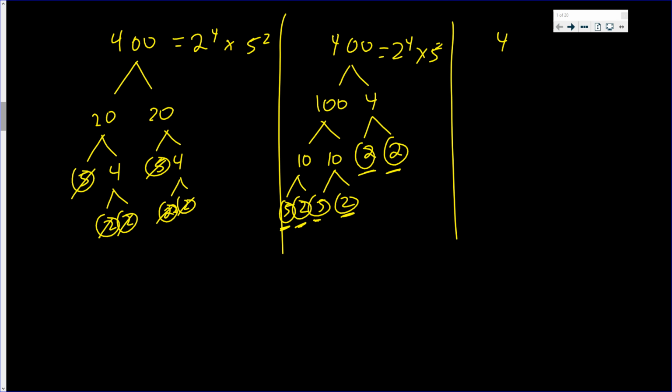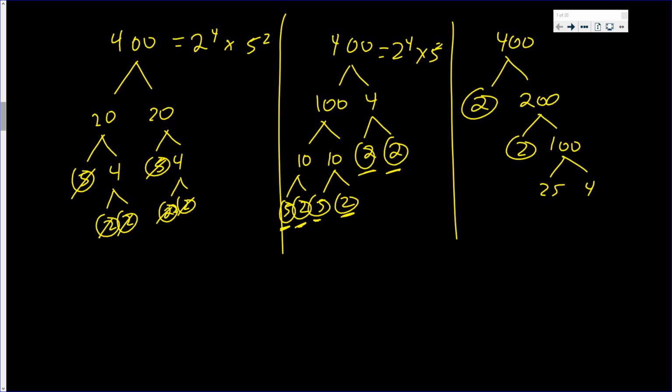Another student can say 400 is even. It's 2 times 200. 2 is prime. 200, well, is 2 times 100. And 100 is 25 times 4. 25 becomes, hold on please, the 25 should not be circled because it's not prime.